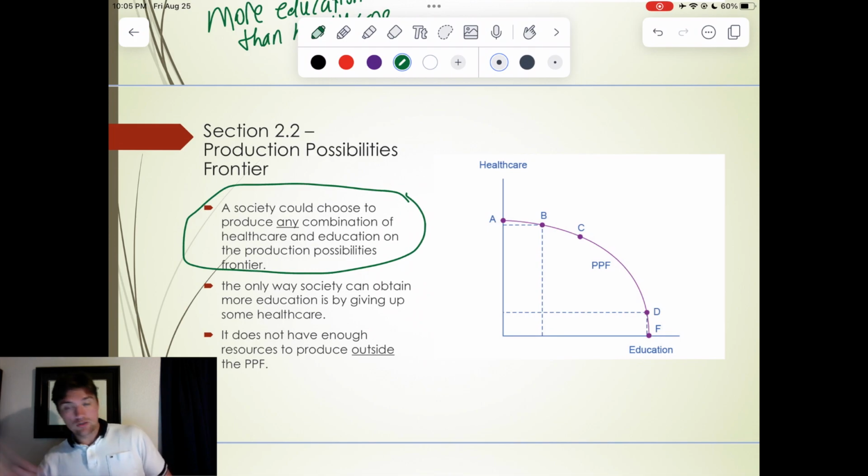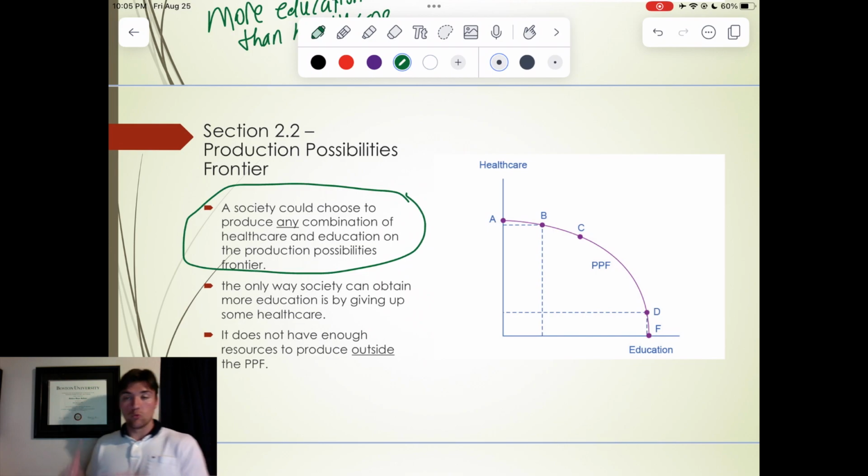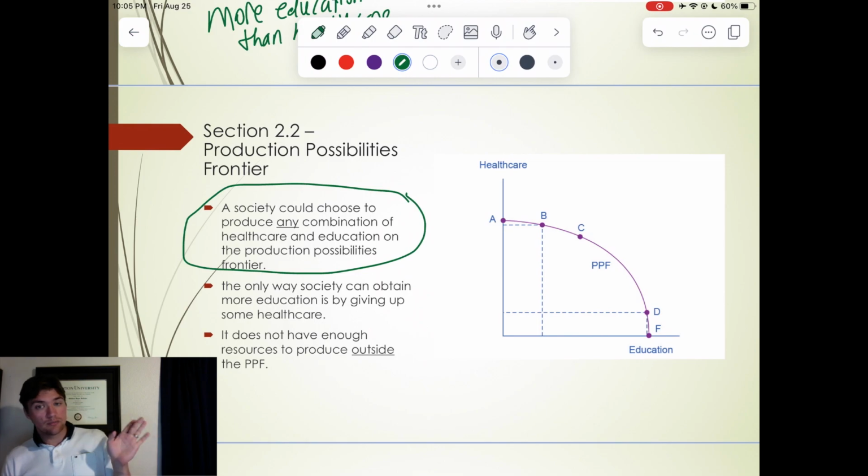But it could choose any one of those. And the only way society can attain more education, how can you have more people working at schools, more buildings for schools, more land or natural resources for education? How can you do that? You have to give up some of it from healthcare.